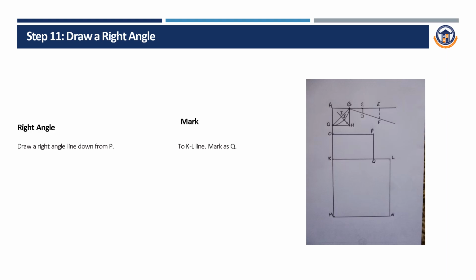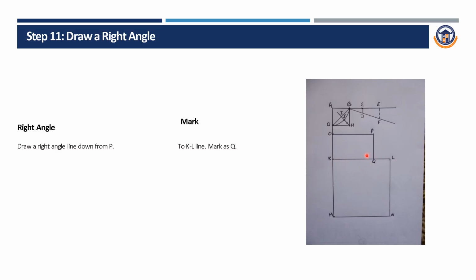Redefining the body's curve. Divide the PQ line into 3 equal sections and mark the points R and S. So after making O to P, you make a downward right angle line, and that point will cut the K to L line.